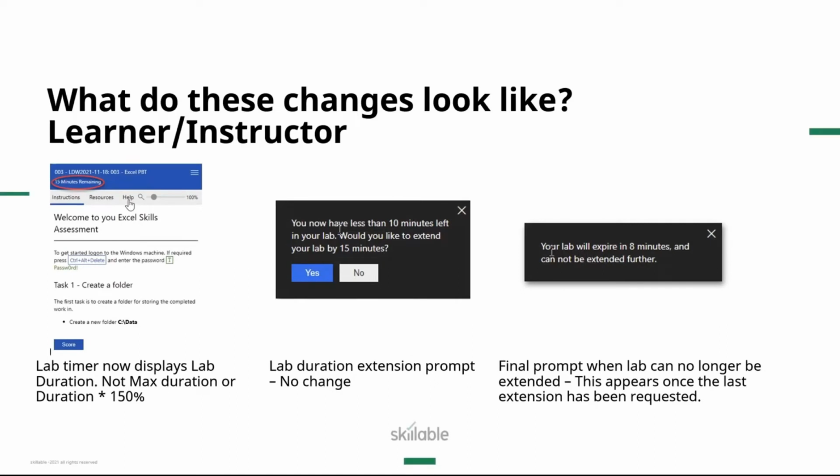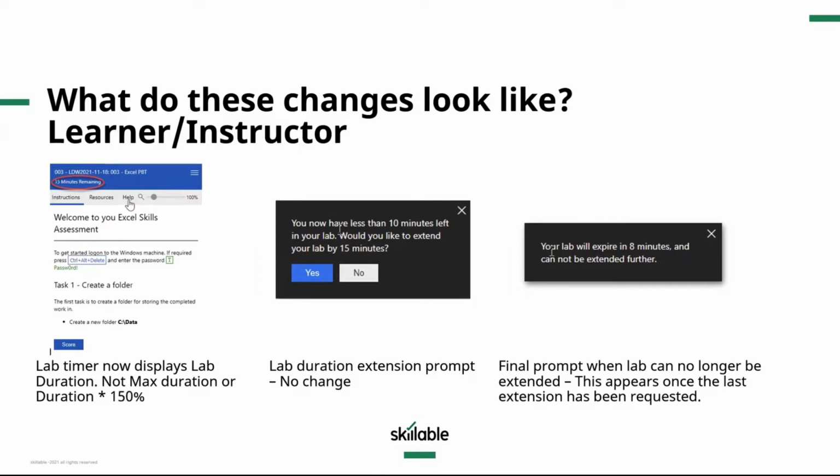So just in case you've not seen it, from the learner and instructor's point of view, as we mentioned, the timer at the top of the lab client is now the duration field, not what used to be the max duration, and it's not duration times 150%.